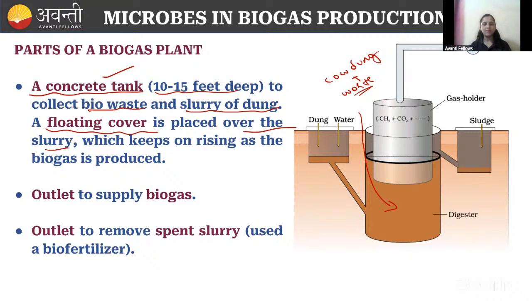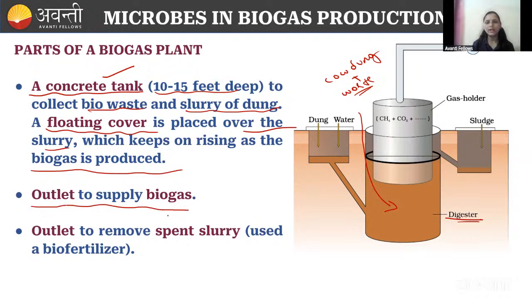Just imagine we have added all the cow dung along with the water and other waste material to this digester, and after that we added a cover, that is the floating cover. So the floating cover will be raised whenever the biogas is produced.